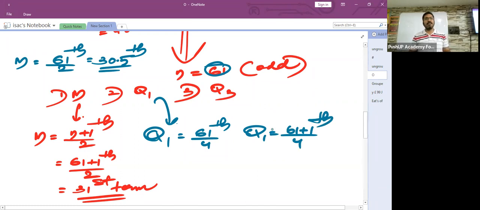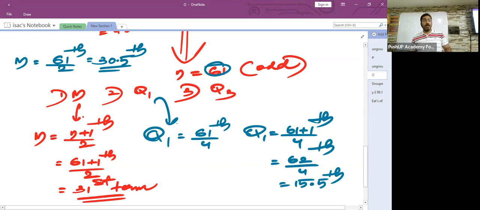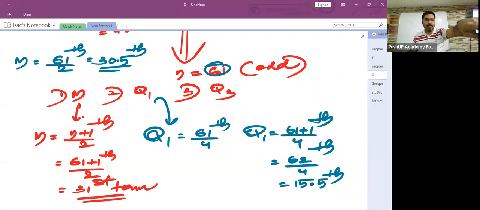Are you going to do (61 plus 1) by 4th term? If you do this, you know what you're going to get? 62 divided by 4 is what? 15.5th term. You have to find the lower quartile. Go to the 15.5th student, you will get it. Does it make any sense, children? You will not get the answer, isn't it? So what is the solution here?